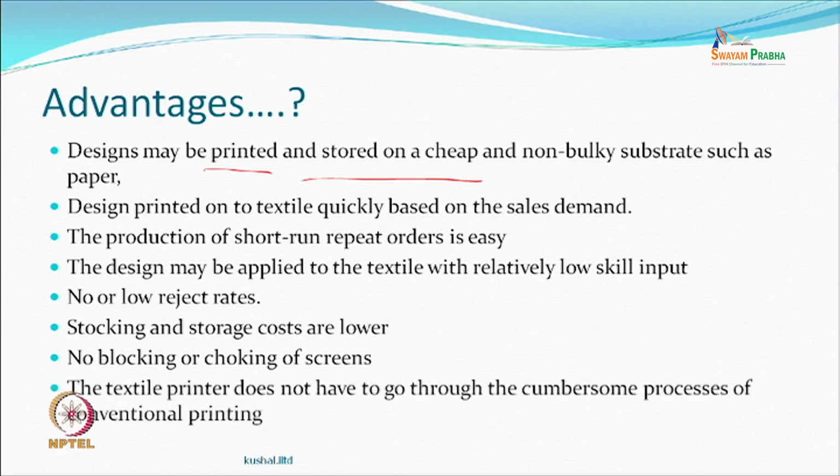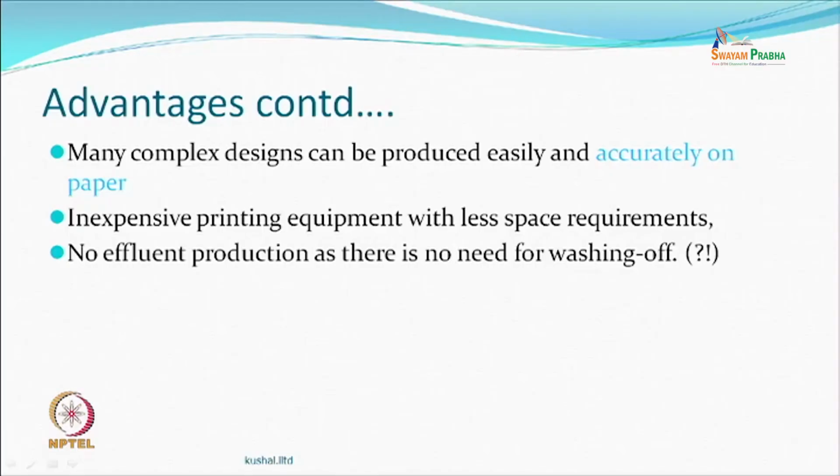So the textile printer does not have to go through the cumbersome processes of conventional printing. Suddenly you may say, now the printing is not complex. You just have a paper, you just transfer, and thank you very much, it's done. The accuracy of designs can be achieved on paper, which is a smooth surface. If it is simple designs of squares and rectangles and circles, that's easy and anybody can print lines and squares.